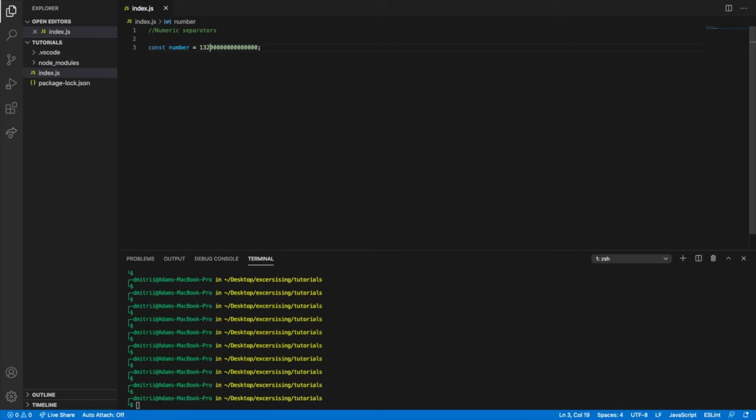In this case the numeric separator can be super handy. This is the actual numeric separator, and for instance I can place it after every 3 zeros.